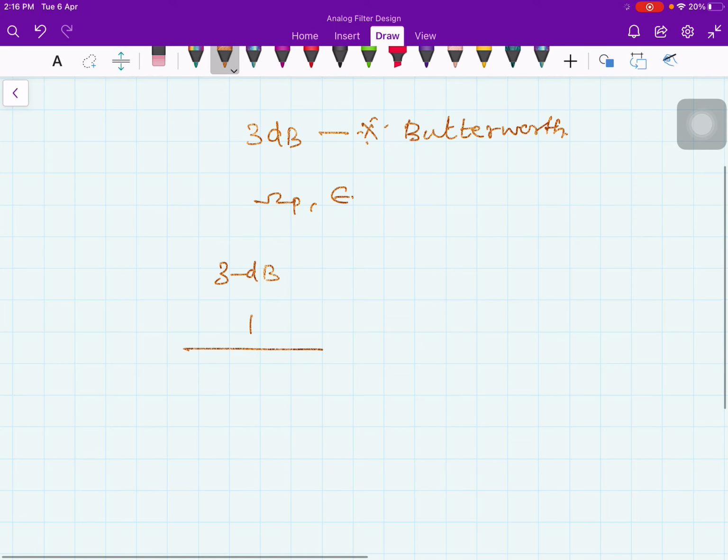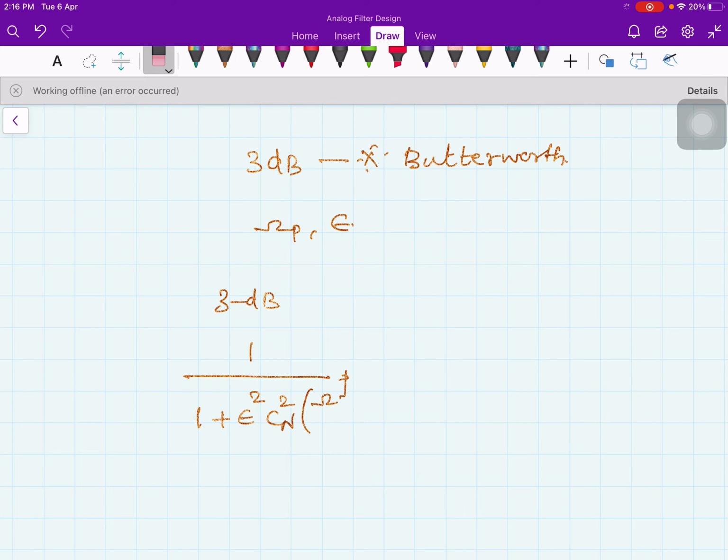let's say the magnitude function is 1 divided by 1 plus epsilon squared Cn squared of omega.